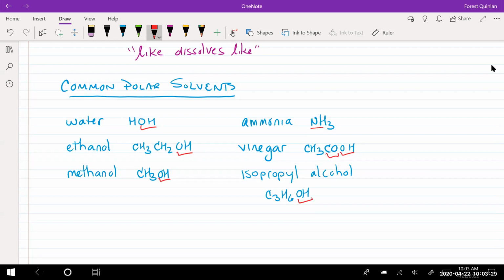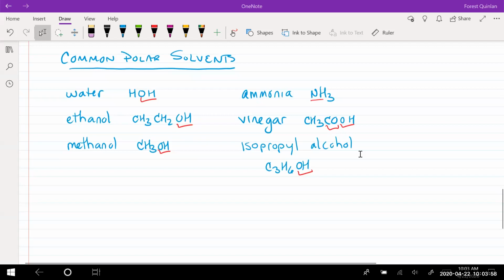Our common polar solvents that we like to dissolve things into typically have that OH dangling out there on a very small molecule, two to three carbons long or no carbons at all. And they make the solvent very polar. So if there's anything else over there that is polar to any degree, they are going to jump on board and they're going to go ahead and dissolve. So it's all about that.